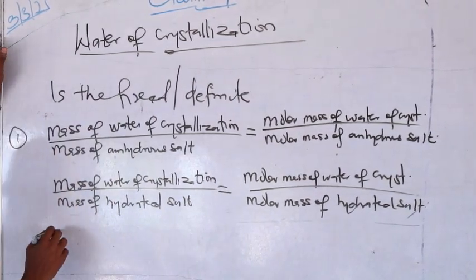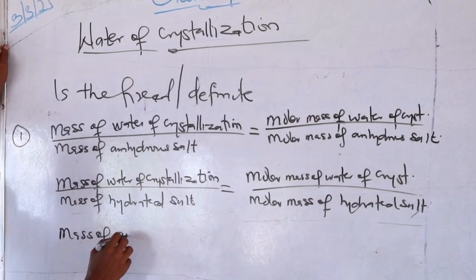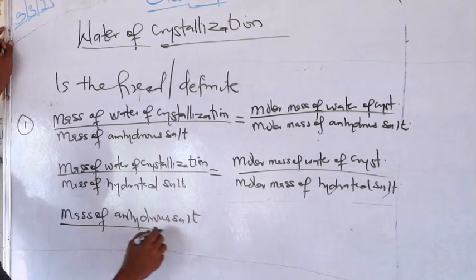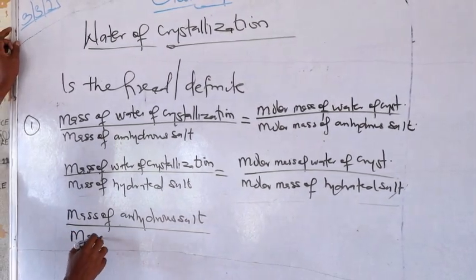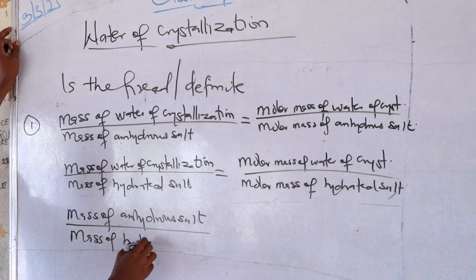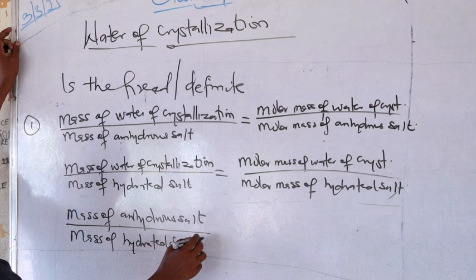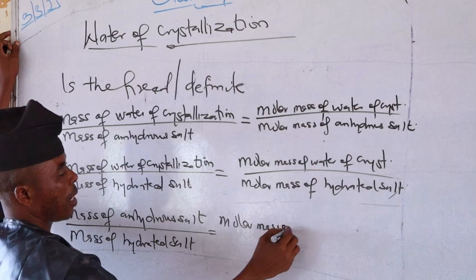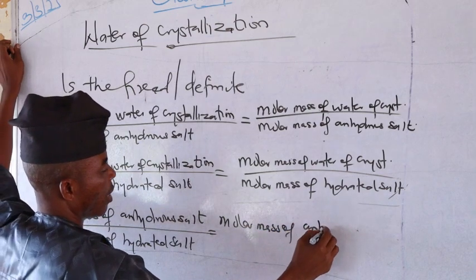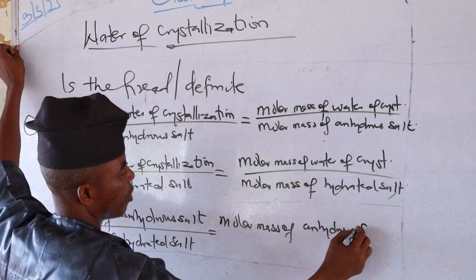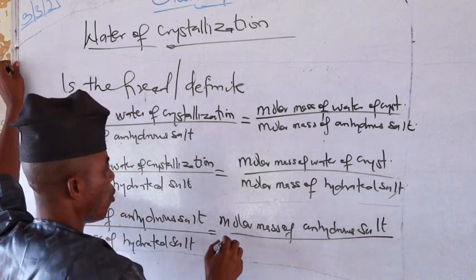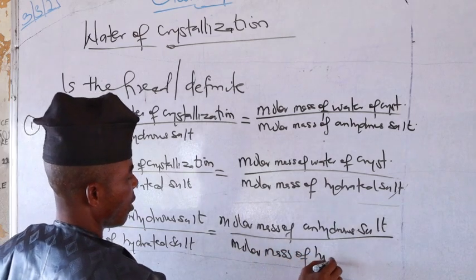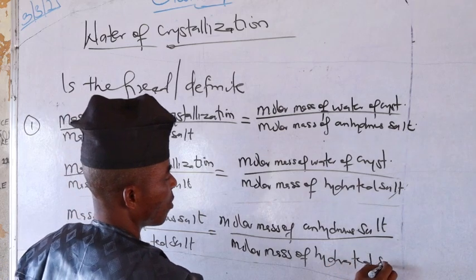Or we can use the mass of anhydrous salt over mass of hydrated salt is equal to molar mass of anhydrous salt over molar mass of hydrated salt.